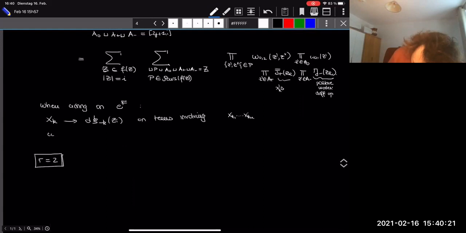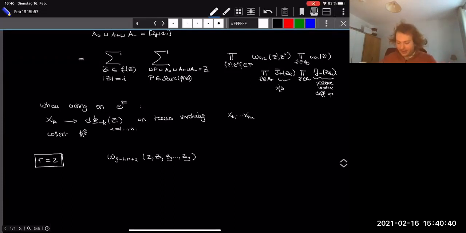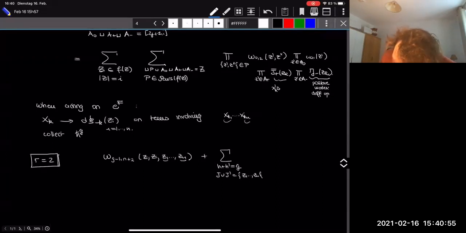If you collect that and collect the coefficient of h bar to the g, you're going to find that omega g minus 1, n plus 2, z z, z1 ... zn. So these come from the replacements of the variable x_k's here for each of these monomials, plus the sum over genera and the ways to partition this z1 ... zn into two pieces.